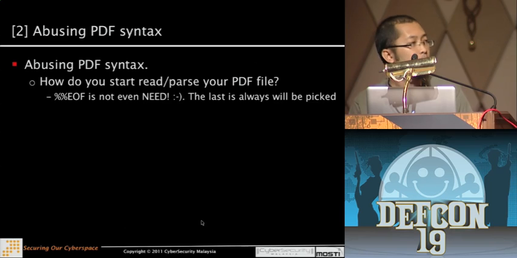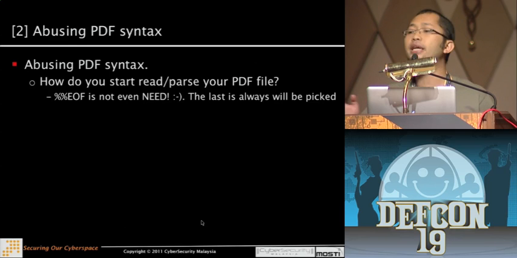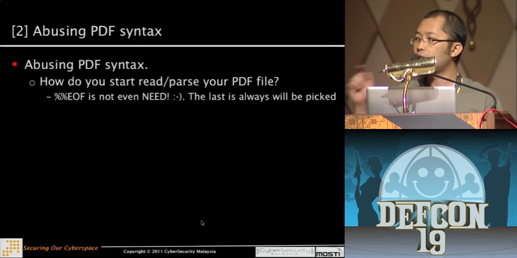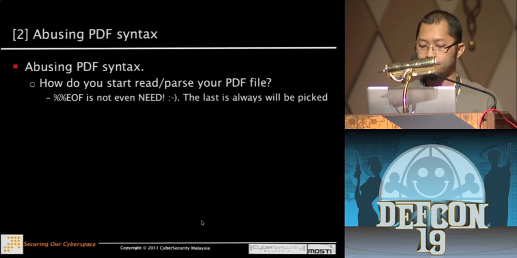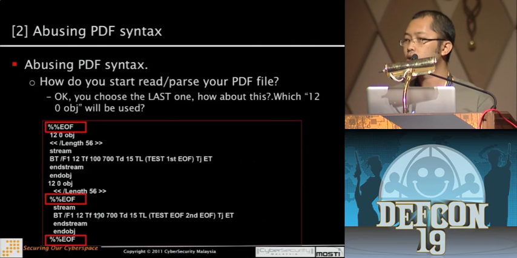But the truth is, the xref is not even needed. If there is no xref, your PDF application or reader can somehow manage to render it properly. So for the last declaration, for example on this one, if you notice object 12, the last object 12 is always going to be the one picked up by your PDF application.